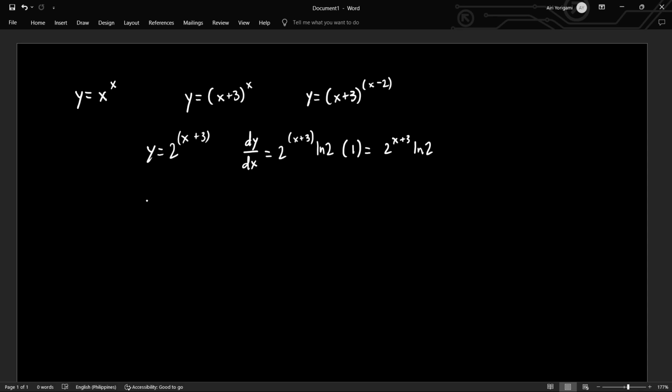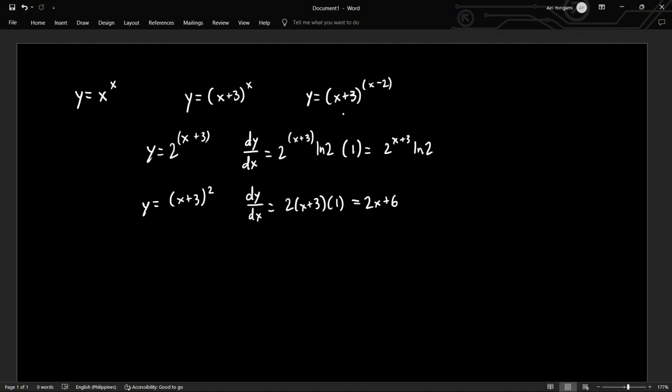How about if we have a constant as the exponent? So for example, x plus 3 squared. Well, we just simply use a chain rule here. So both of these are not considered variable raised to variable or expression raised to an expression problems.